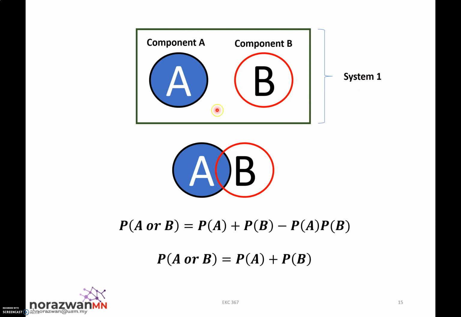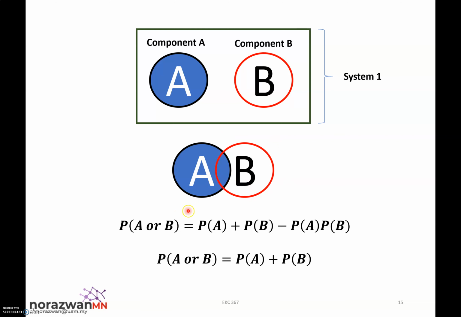For example, system 1 consists of component A and component B, so component A needs to interact with component B. During the interaction of component A and component B, some fault could happen. So what is the probability of failure in this system 1?